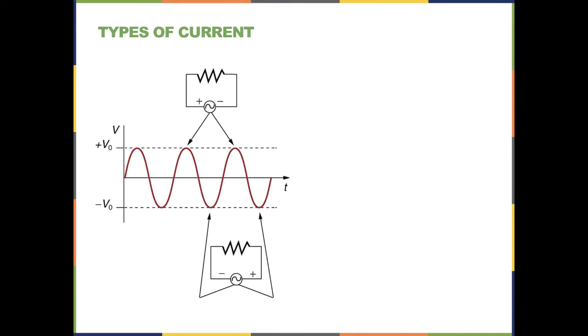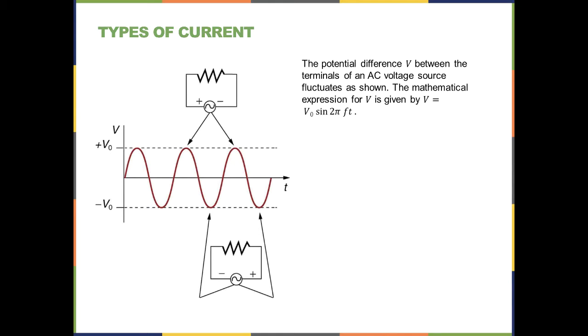Here's another diagram showing that you have both a maximum and a minimum voltage, and this is designated V subscript 0. The potential difference V between the terminals of an AC current source fluctuates in a way shown in this diagram.